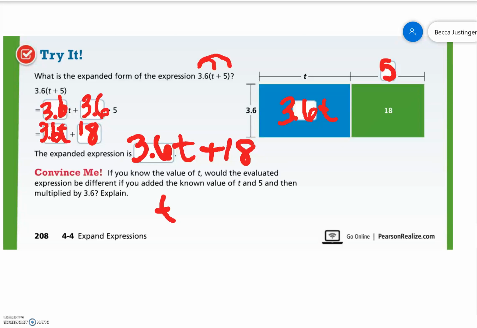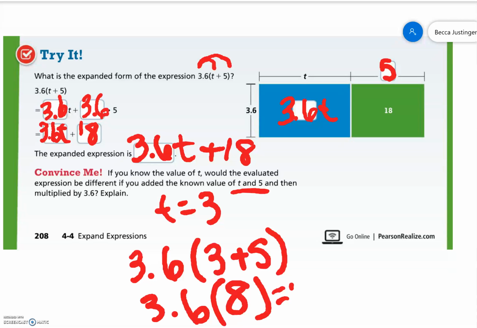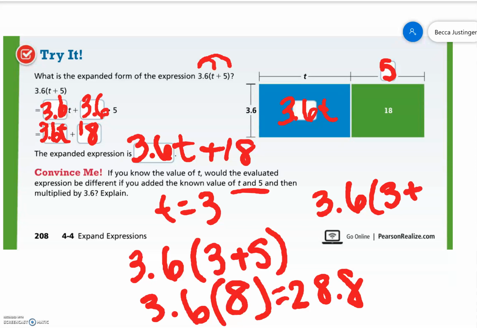So they're saying, okay, say we have t equals 3. So we plug in 3, and they're saying, would it be different if we added the value of t and 5 first? So 3 plus 5 is 8. So now we do 3.6 times 8 gives us a total of 28.8. Is that any different than if we did the distributing?